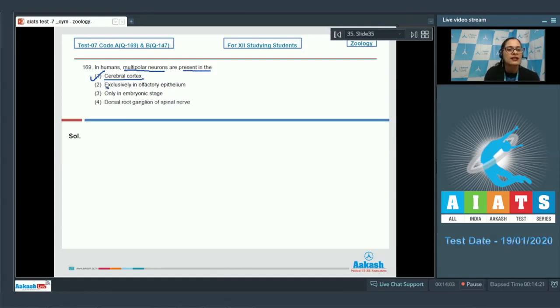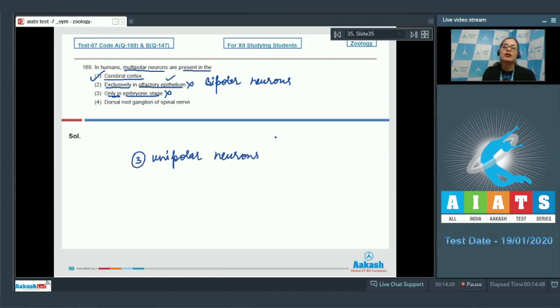The second option is exclusively in olfactory epithelium, and this is an incorrect option because bipolar neurons are present in olfactory epithelium. The next option is only in embryonic stage. This is also an incorrect option because unipolar neurons are found usually in the early embryonic stage.